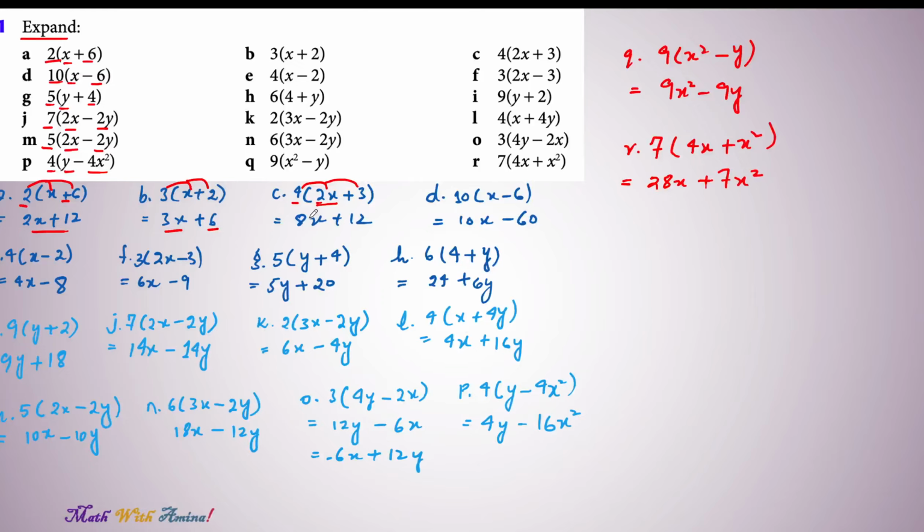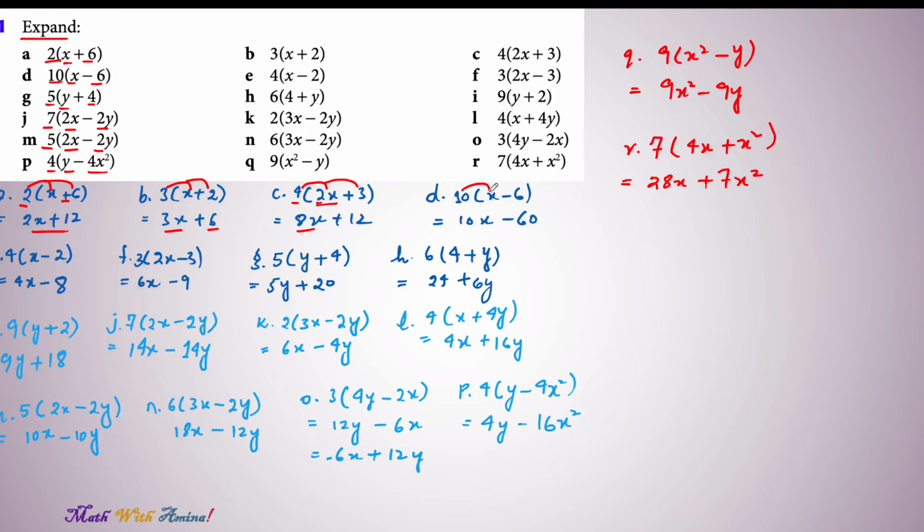We know the rules of multiplication already, as we have practiced them in our previous questions. 4 multiplied by 3 is equal to 12. So 8x plus 12 is the final simplified expanded expression for this.